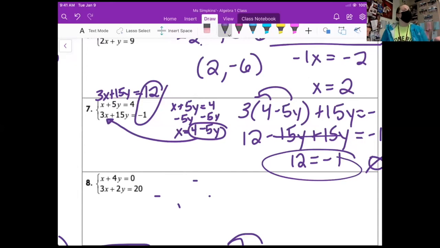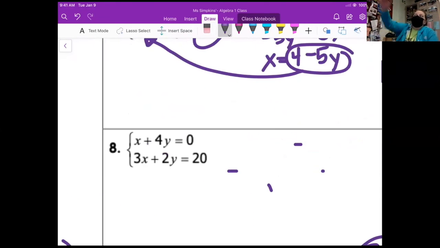Well, we have to solve it if it's one solution to be able to figure out what the x and the y value are. But we can easily tell if it's going to be no solution or infinite solution or even 1. So if I looked at number 8, is there any single number I could multiply that first equation by to get everything in the second equation? No. If I multiplied by 3, I would get 3x plus 12y.